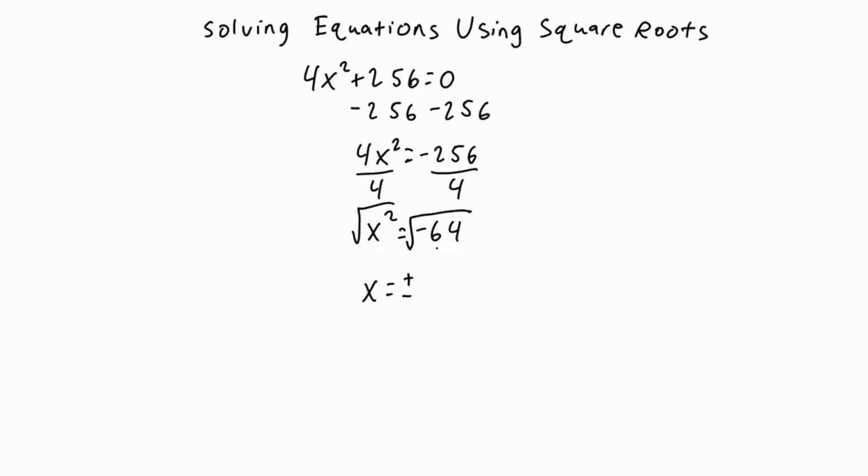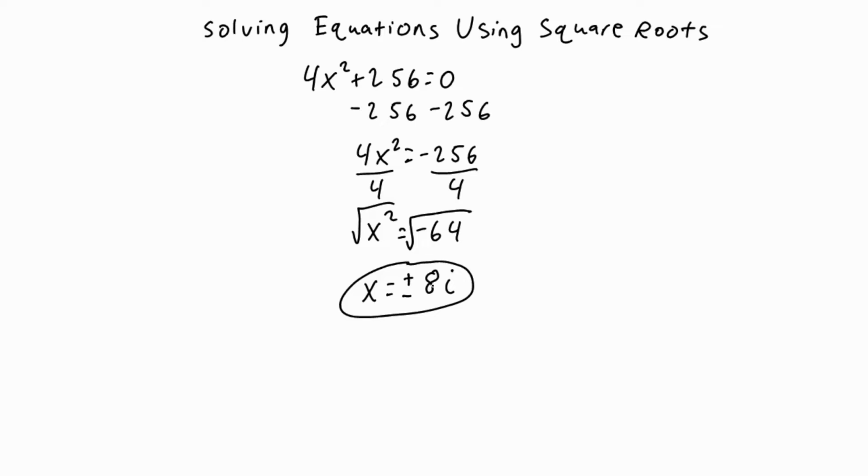And then after that, you just need to simplify this. So square root of 64 is 8. And we have to take the square root of the negative, so i. And that's our answer.